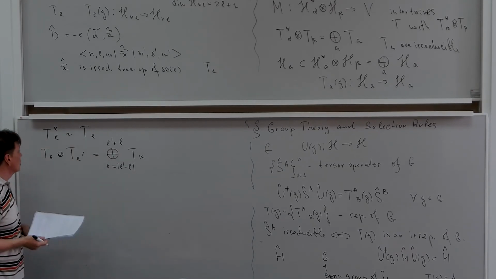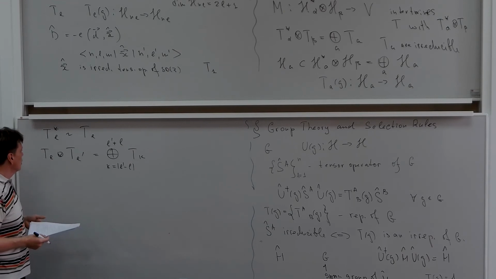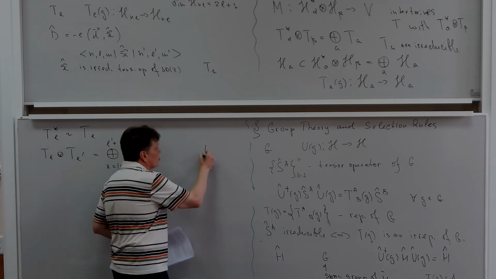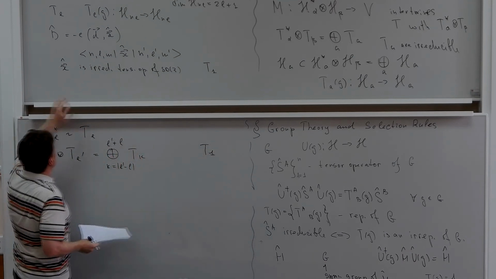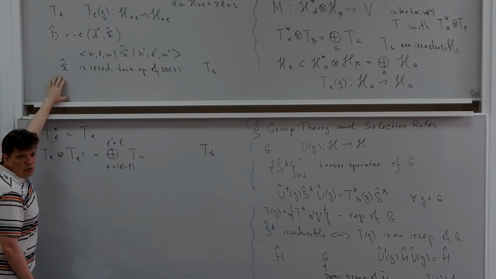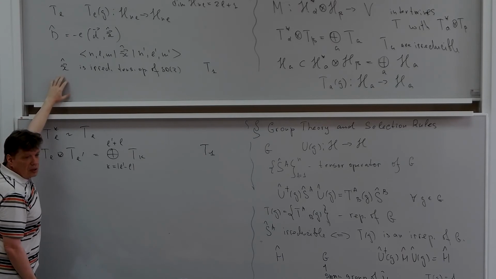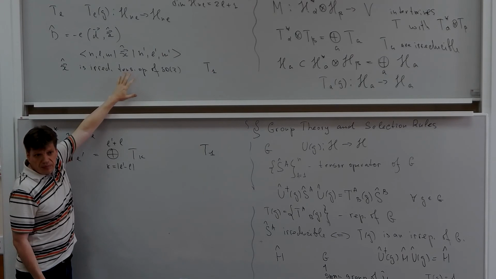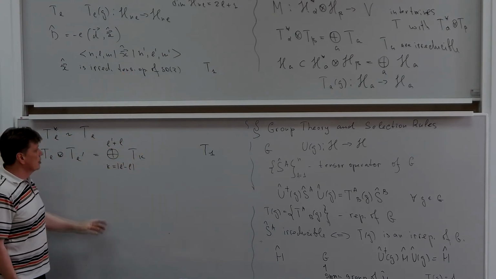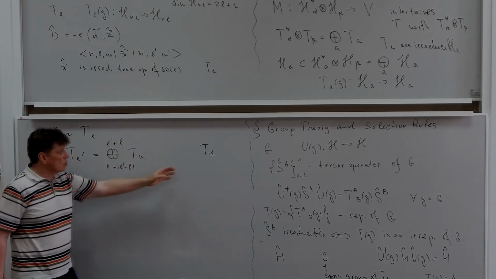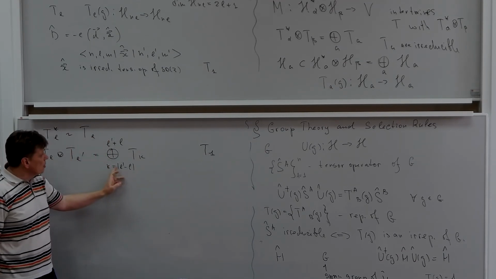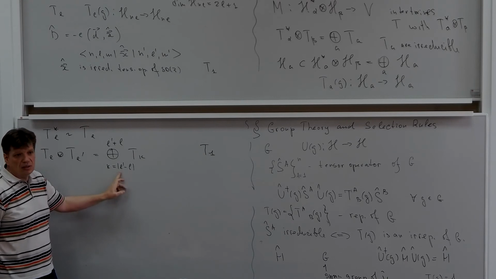So now we should decide whether this decomposition contains our representation T_1 associated with the irreducible tensor operator X, whose matrix elements we consider. Under which condition may this representation T_1 appear in this sum?